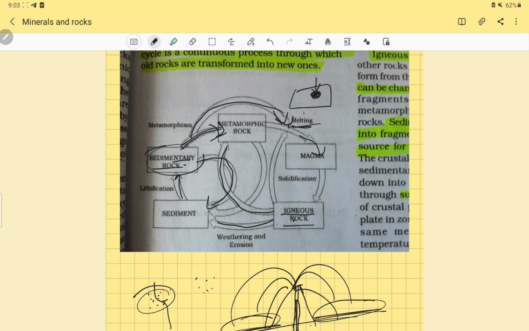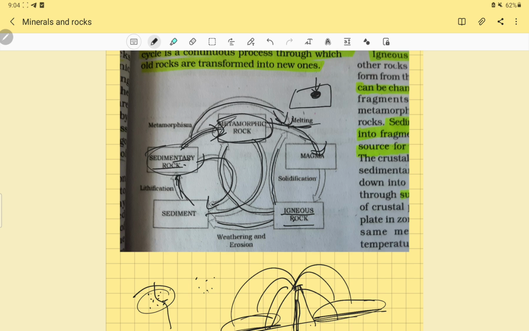So now let's move next to metamorphic rock. What can happen to metamorphic rock? Either it can be melted to form magma, or it can be broken down into sediments to form a sedimentary rock. So this is about metamorphic rock. So we have covered everything. Yeah, igneous rock, here one we have left.